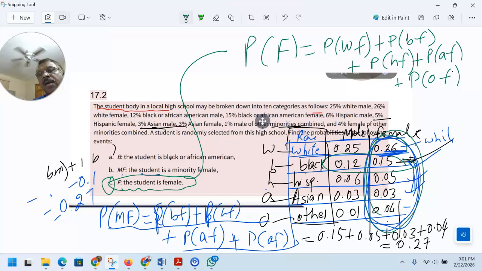All five will be added, 1, 2, 3, 4, and 5. When you put it in the calculator, you'll get 0.53 and you're done.